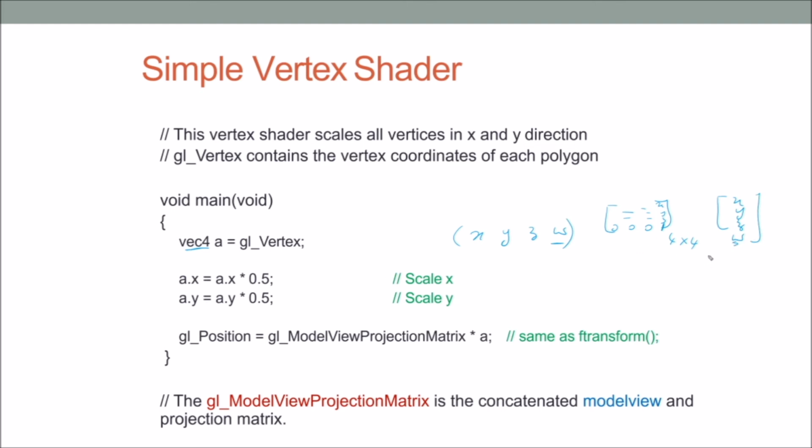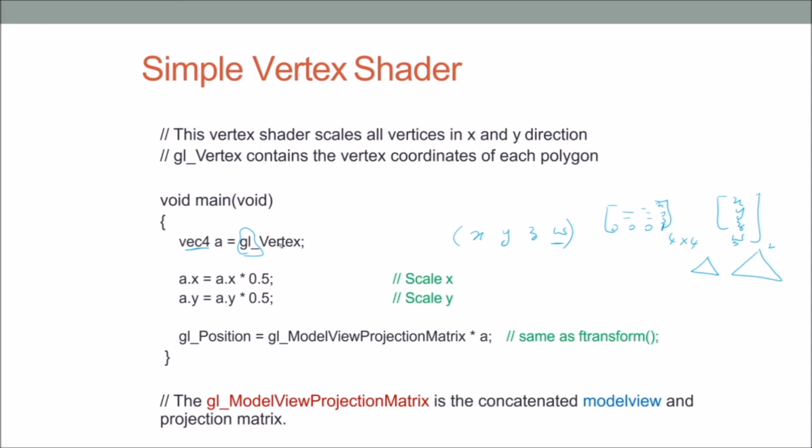This w acts as a scale value. If w is 1, it will be the same size. If w is 2, it will be bigger like this. So this gl_ prefix means that you have the keywords from the vertex shader. That's how you define the keywords.